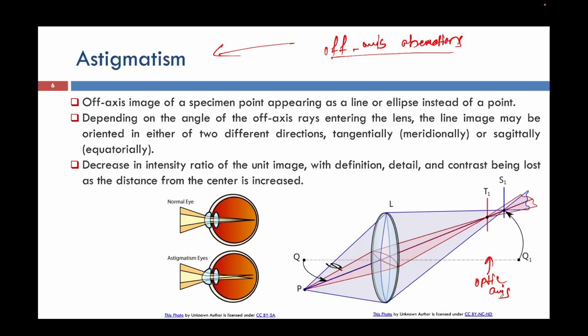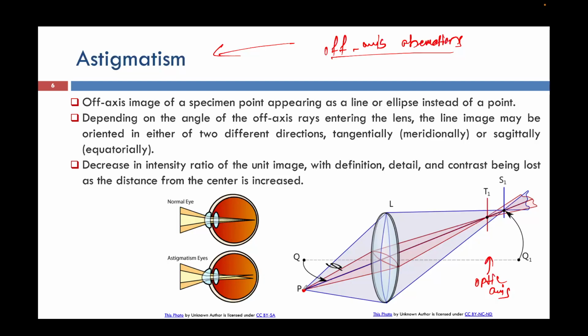You will see the three-dimensional variation will be there. Let's say this is my point and this is my lens. One of them will be the tangential plane and another one of them will be the sagittal plane.